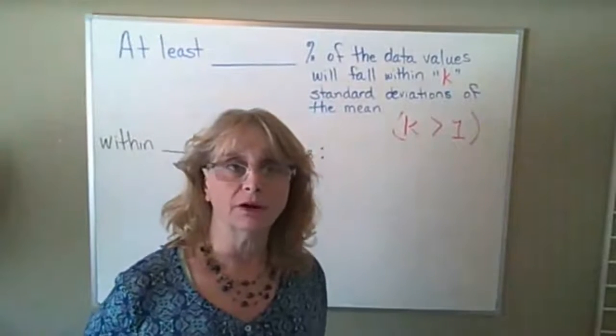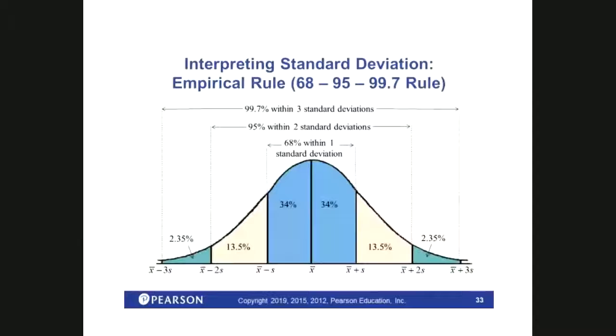remind you about the empirical rule that states if a data distribution is bell-shaped, then this is similar to the picture that we had in the other session about the empirical rule.